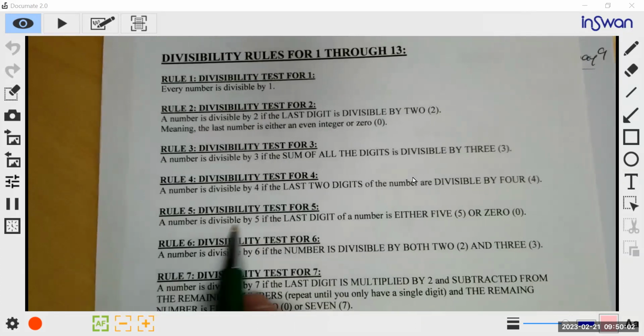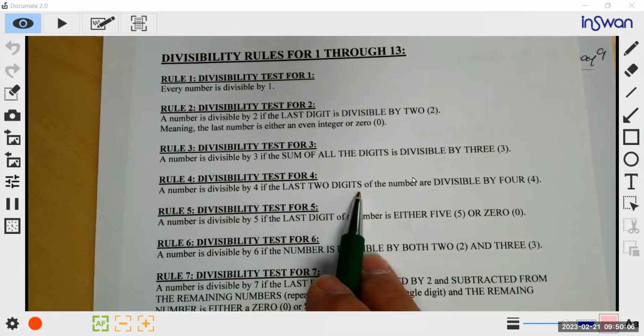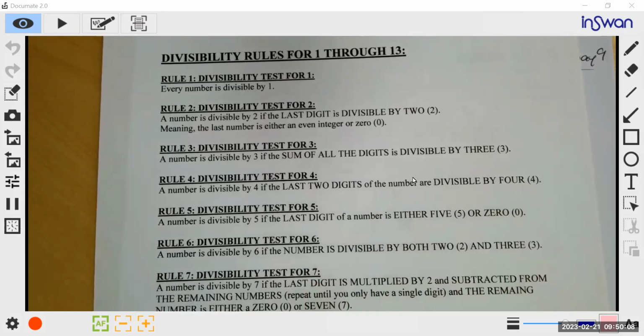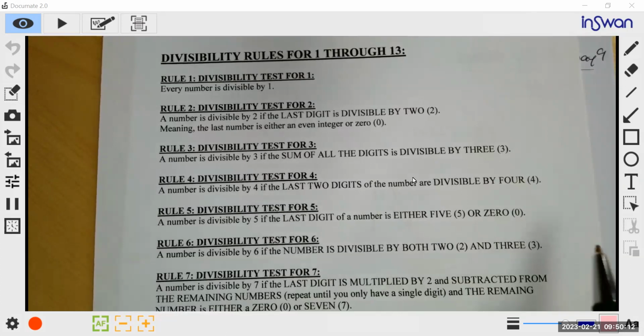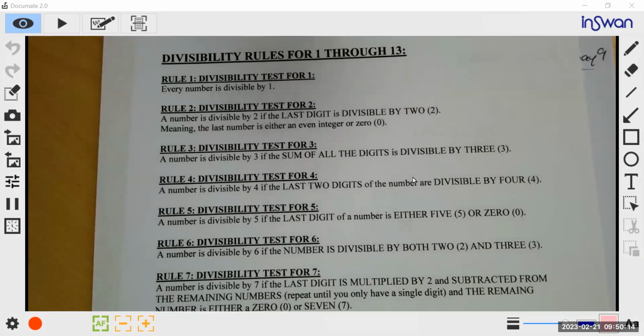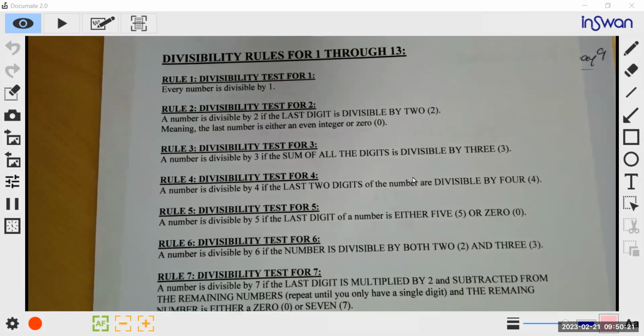A number is divisible by 4 if the last 2 digits of the number are divisible by 4. Another way you could do it is if it's divisible by 2 twice. If you can divide it by 2 twice, then it's divisible by 4.